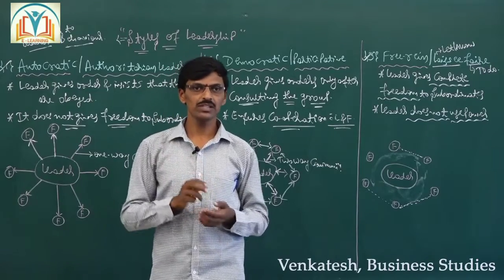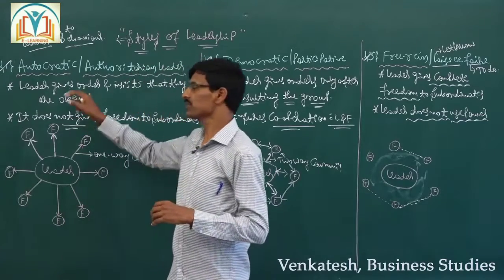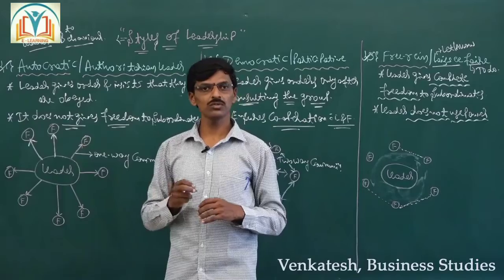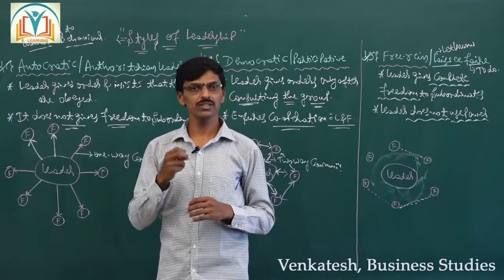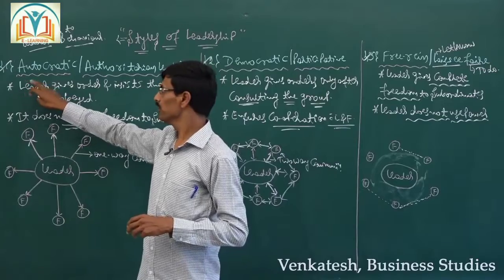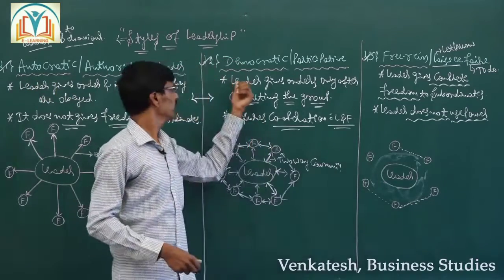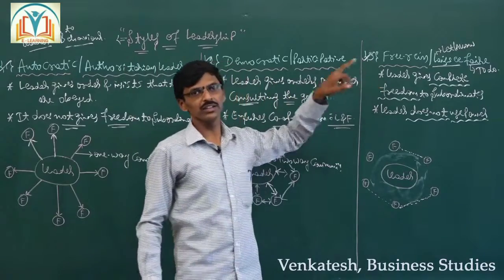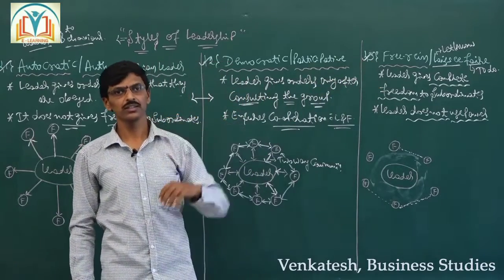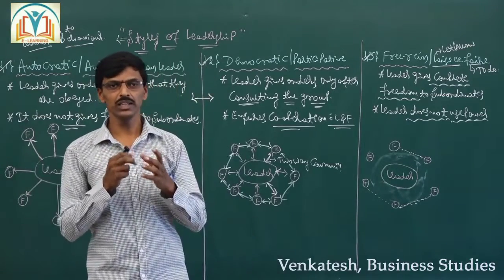Hence, based on the situations and circumstances, the leader uses many kinds of styles. There are mainly three styles of leadership: one is autocratic, second is democratic, and third is free rein leadership style. This is about the concept of styles of leadership.